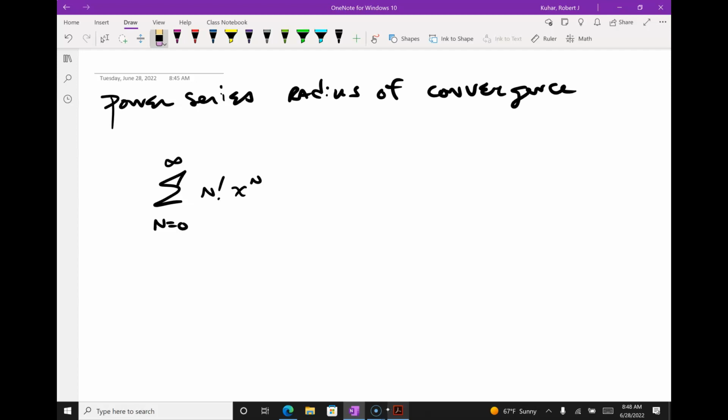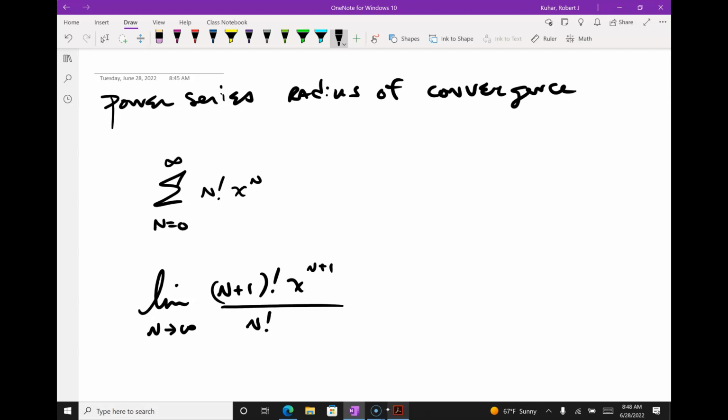It will only converge when x is 0. So here we go. We want to look at the limit as n goes to infinity of (n plus 1) factorial times x to the n plus 1 all over n factorial times x to the n. Remember what I'm doing. I'm going one step further for the numerator, so n plus 1, and then the original for the denominator.